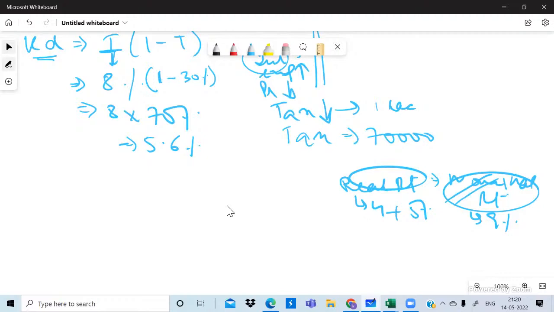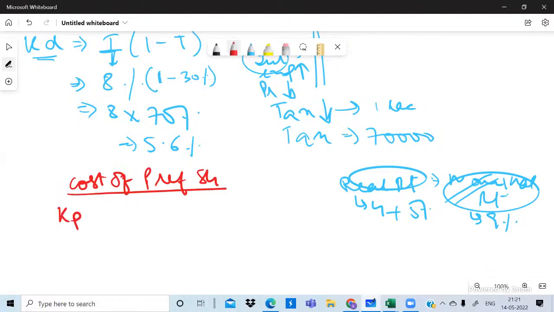Okay. Then let's look at KP, which is cost of preference. So cost of preference shares is denoted by KP. And how do you calculate your cost of preference shares?